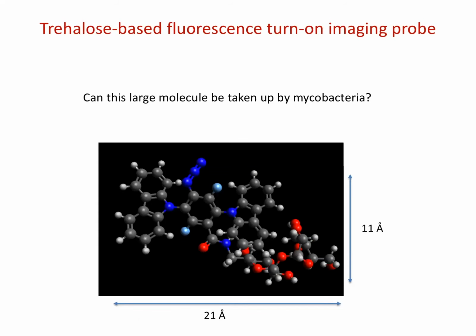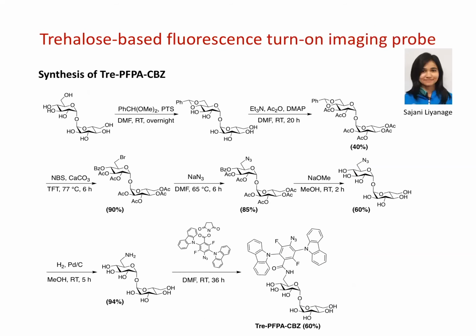So our question when we had this probe is, can we use the trehalose-based fluorescent turn-on azide probe to image mycobacteria? Especially, this is again a very large molecule, so can it be tolerated by mycobacteria? We went ahead and made the trehalose derivative.